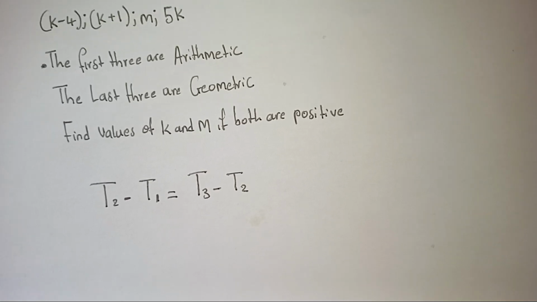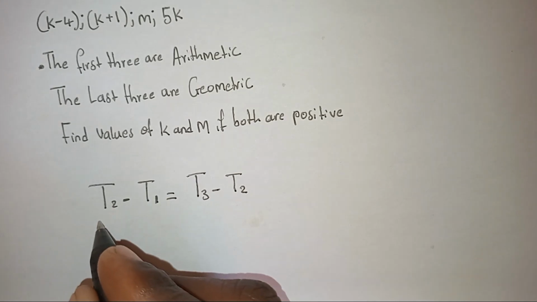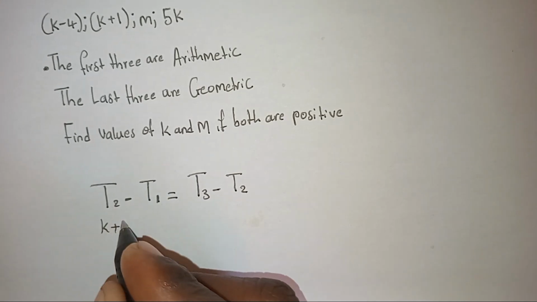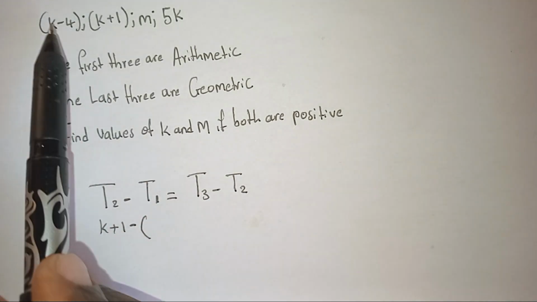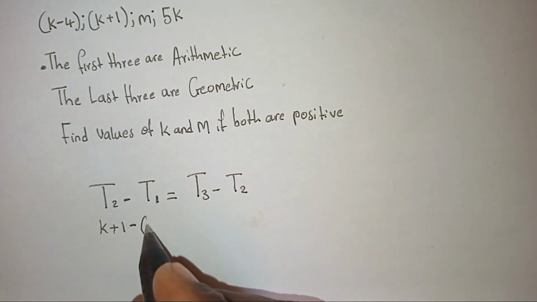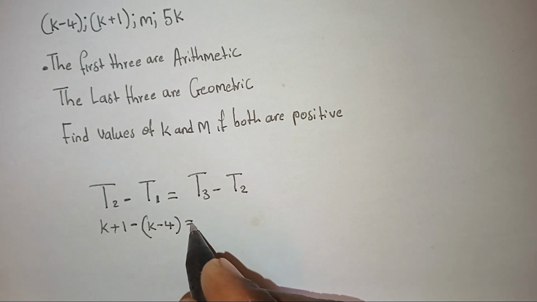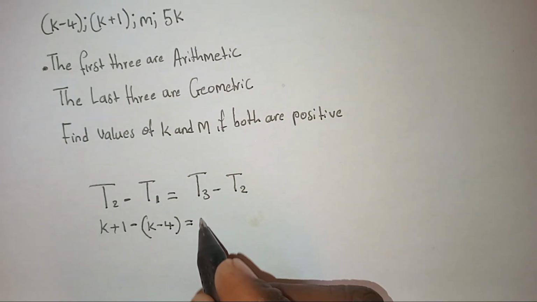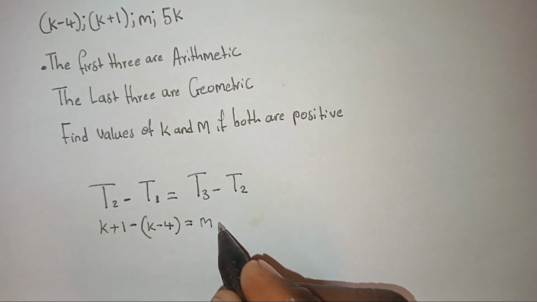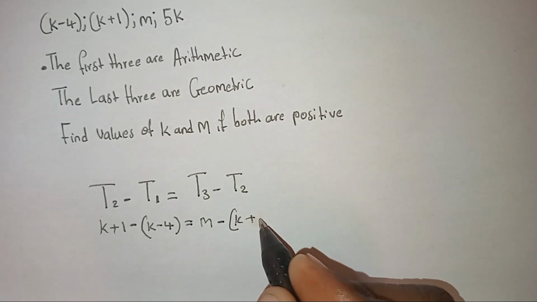Now let's look at our term 2. Our term 2 is k plus 1, and we subtract term 1, which is k minus 4. That is equal to term 3, which is m, minus term 2, which is k plus 1.